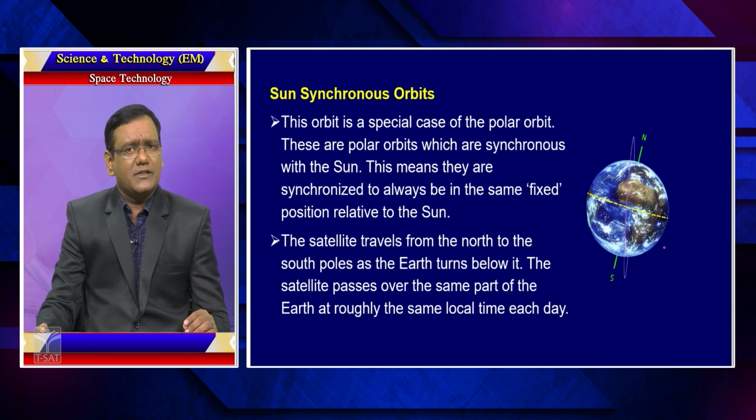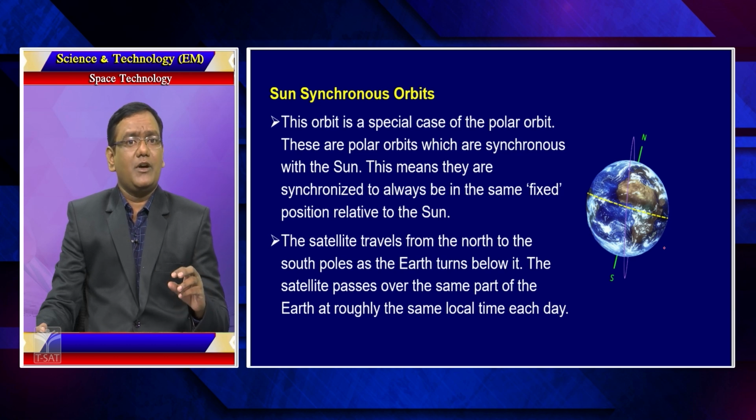So it means if a sun synchronous satellite is revolving around the Earth, and that satellite comes over Hyderabad at 2:30 p.m., then every day at 2:30 p.m. it exactly comes above Hyderabad itself.